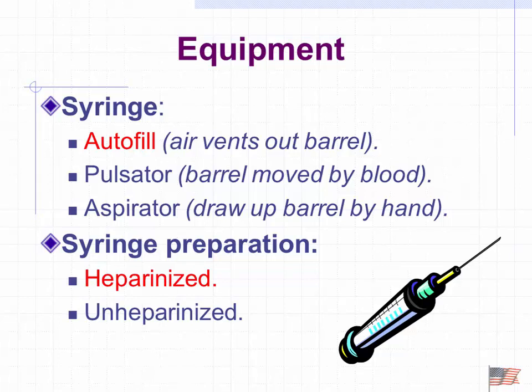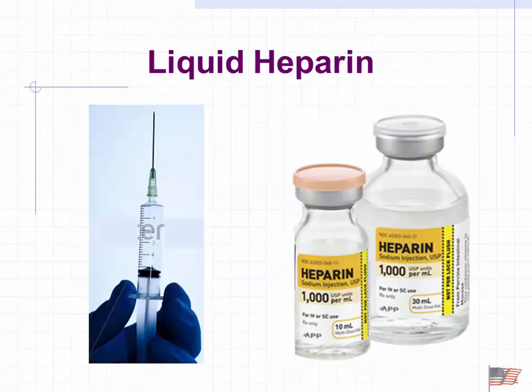So we're going to heparinize that blood in a couple different ways, or we may have an unheparinized syringe, most common being heparin. Liquid heparin is what we would use if we were just taking a standard off-the-shelf 5 cc syringe. We can heparinize it with our 1,000 units per milliliter heparin.